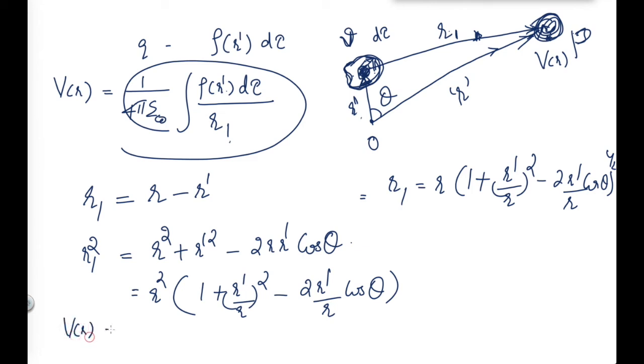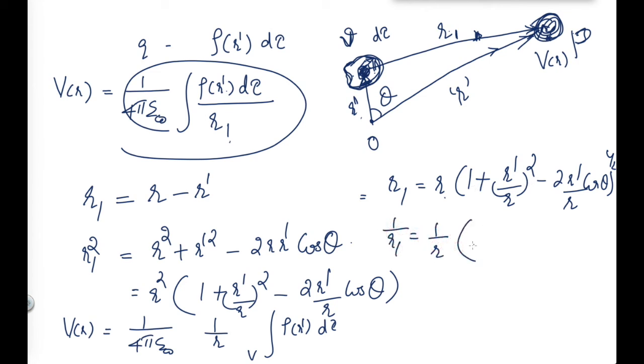So we can say that V of R is equal to 1 by 4 pi epsilon 0, then 1 by R, integral over this volume of rho of R dash dτ divided by this factor. Now 1 by R1 you can write as 1 by R into 1 by this, which is 1 plus R dash by R whole squared minus 2 into R dash by R cos theta, whole raised to minus half.